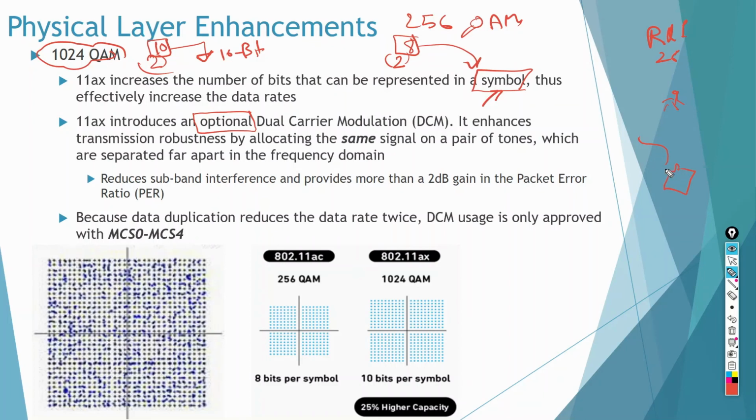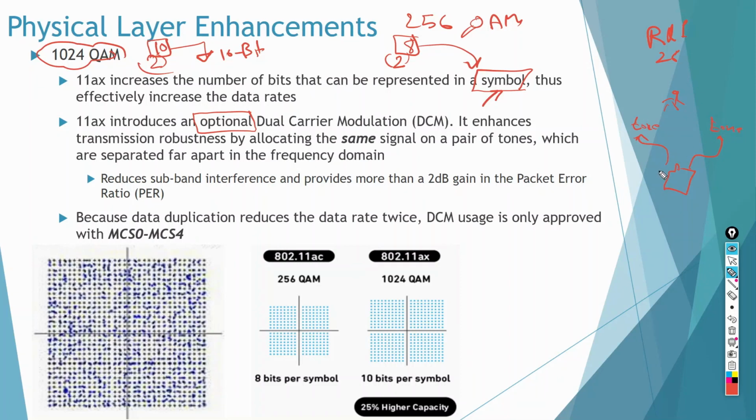So now, using DCM, the access point does the following. It transmits the same signal on a tone, which is something inside the RU. And in order to increase the robustness of the transfer, it will transmit the same signal on another tone.